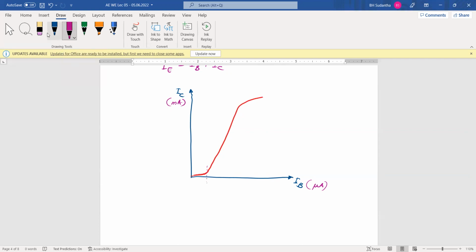This region starting from 0 to this point is not linear. There is a curve here. In this case here we have a linear region, and after this point, again it's not proportionally increasing according to IB, and it may have a different shape. It will be another case.